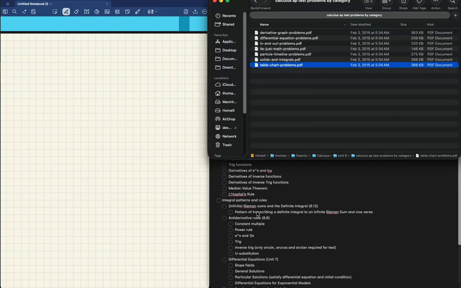Specifically, you need to be familiar with transcribing a definite integral to an infinite Riemann sum and vice versa. So that's where we have patterns of that n that goes to infinity.